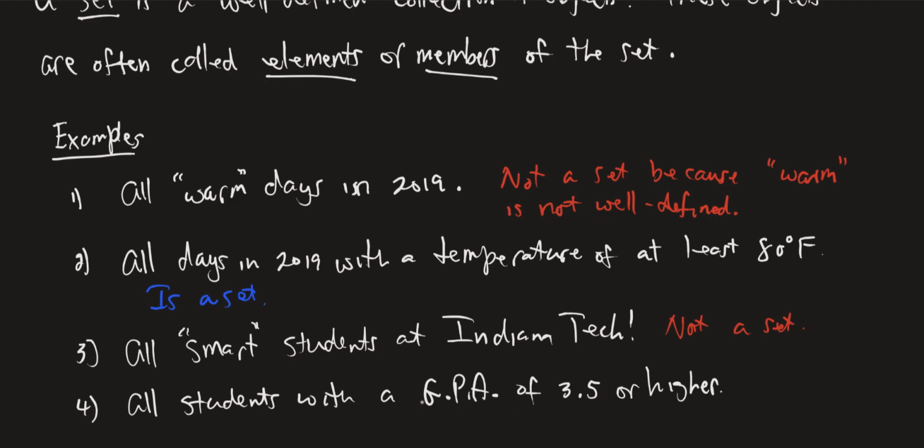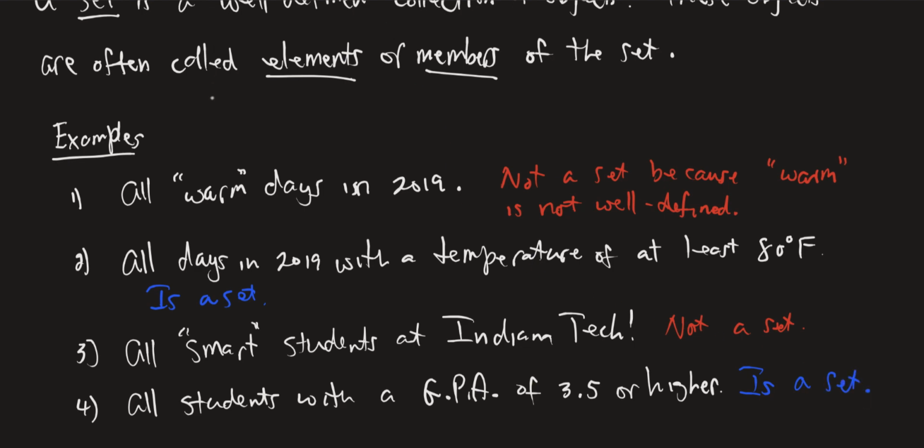Whether you accept that all students with a GPA of 3.5 or higher are smart is secondary. This collection of students is well defined because I have a clear measure as to whether or not a student is a member of this particular set. So this one is a set.